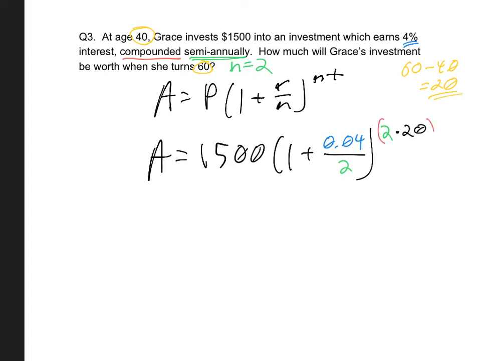So 2 times 20. And again, we can work this out in a scientific calculator. I did that and discovered that this investment, after 20 years, will grow to $3,312.06.